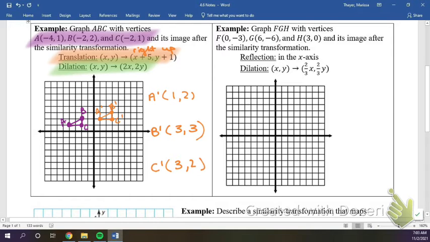With the dilation, you're taking those previous and most recent points and multiplying them by that scalar. So times 2. So my new A is going to be 2, 4. My new B is going to be 6, 6. And my new C is going to be 6, 4.